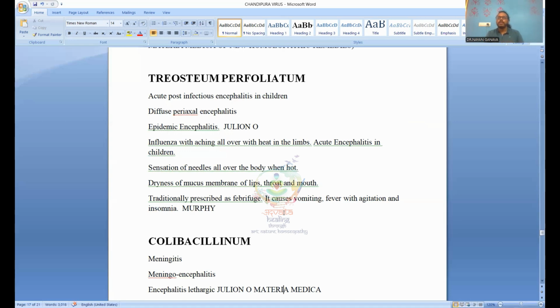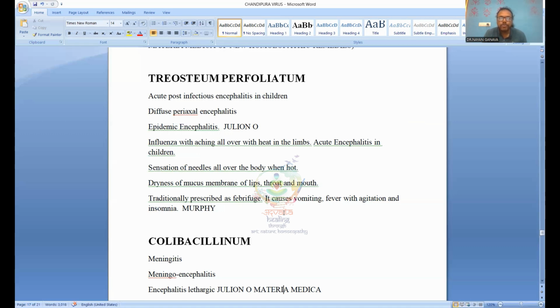Again, the master has written epidemic encephalitis, and that is what is going on right now. Influenza with aching all over with heat in the limbs, acute encephalitis in children, sensation of needles all over the body when hot. So during fever, during heat, he will feel a sensation of needles all over the body.